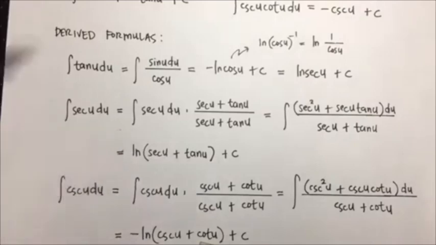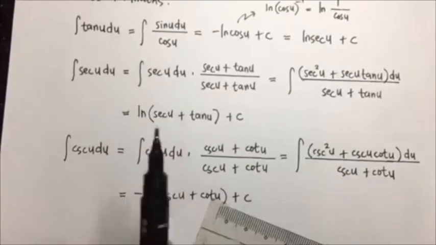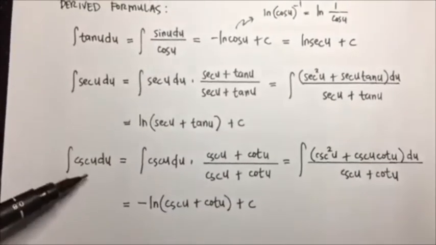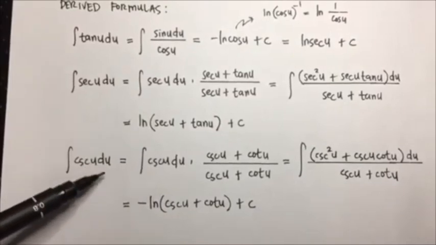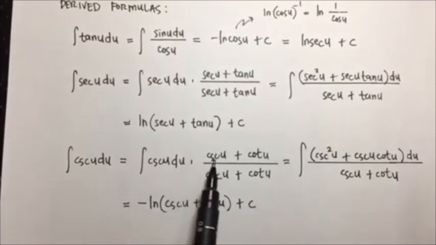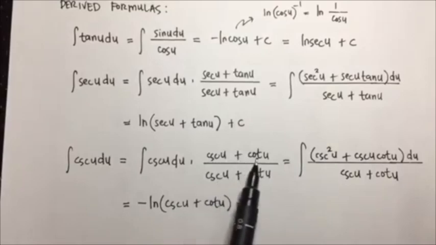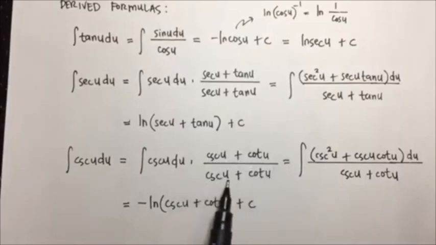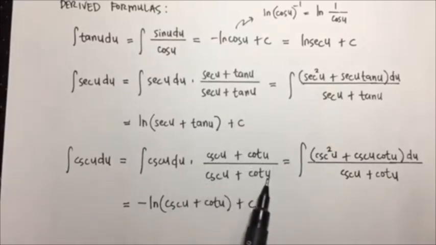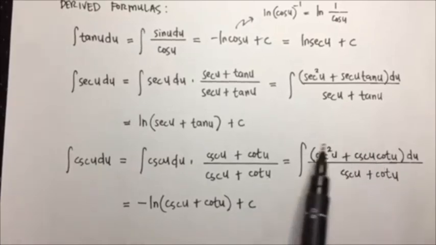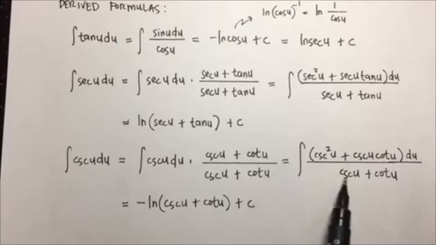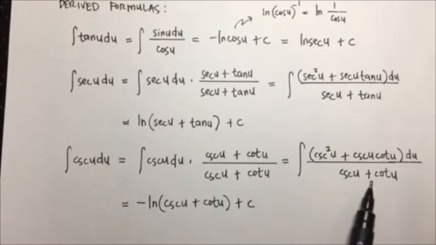Similarly, for the integral of cosecant of u du, we multiply it by cosecant of u plus cotangent of u all over cosecant of u plus cotangent of u. The resulting integrand is this, and the denominator is cosecant of u plus cotangent of u.